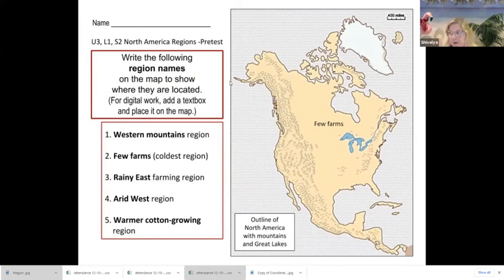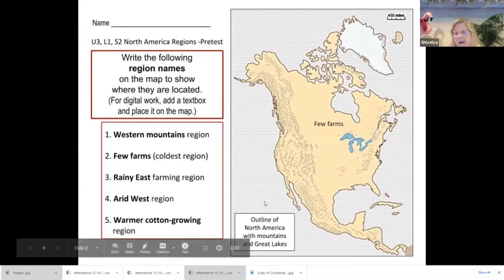So that's why we start out with a pre-test. For instance, in Grand Haven, we know that students have gone through some of this information as far as getting an understanding of regions, and then we just add a little bit more information to it. So it's kind of fun to start out with, what do they know?